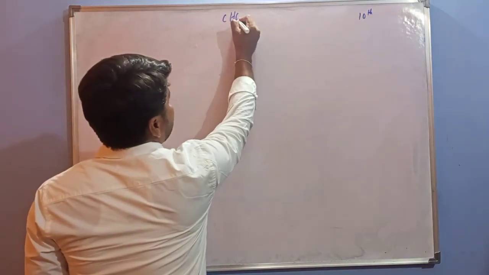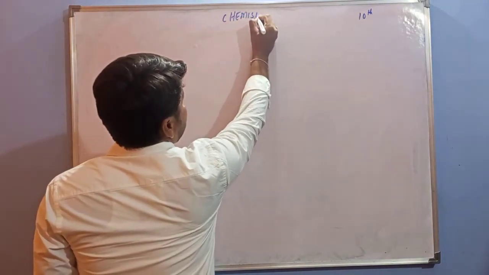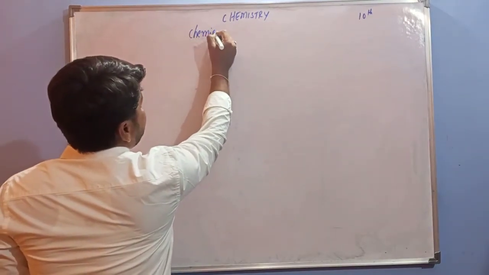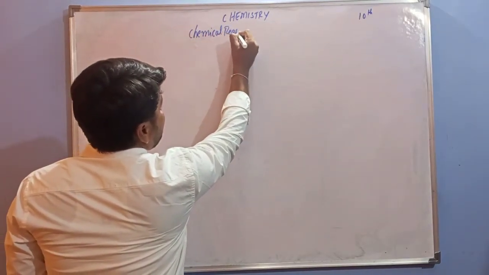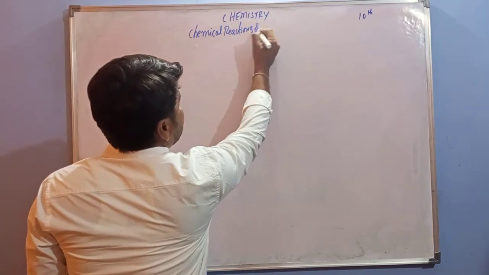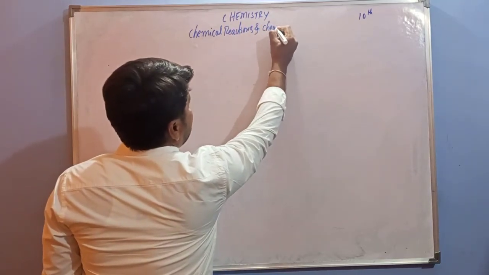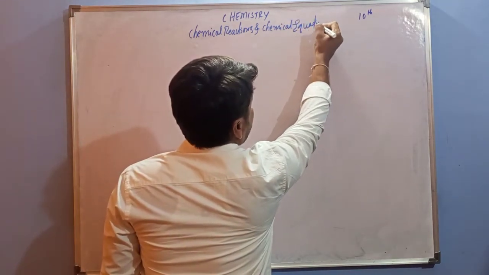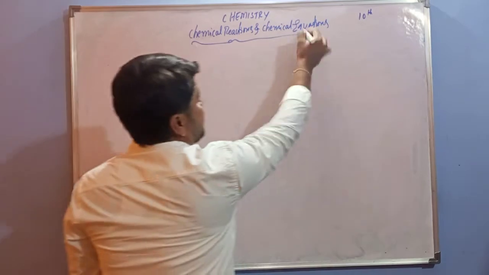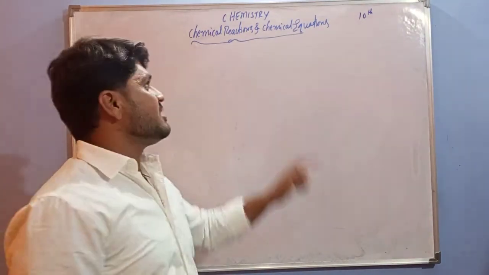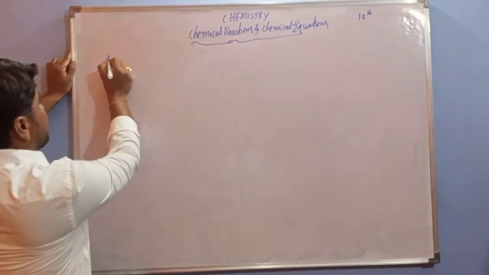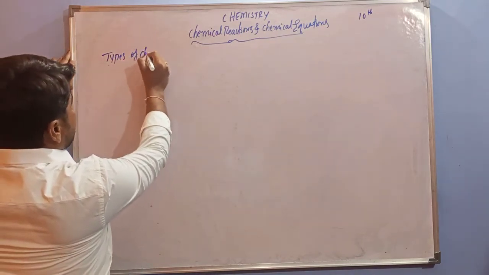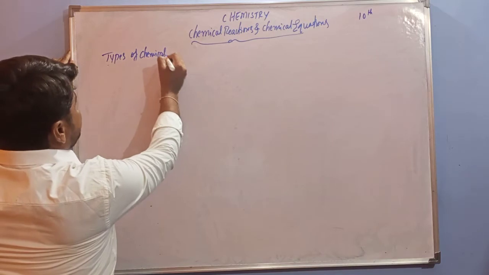Chemistry: chemical reactions and chemical equations. In the last class, we discussed the types of chemical reactions.